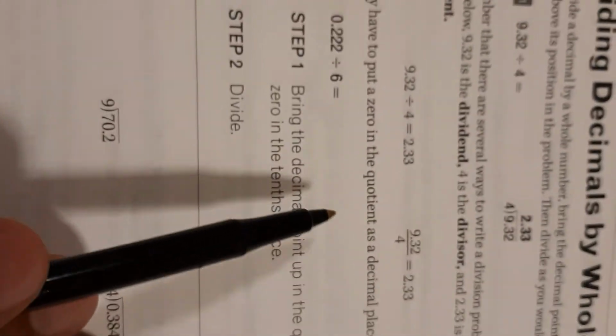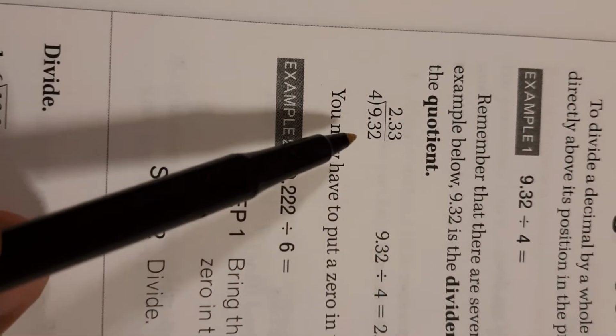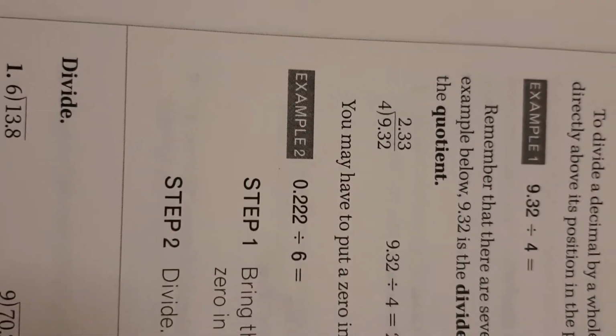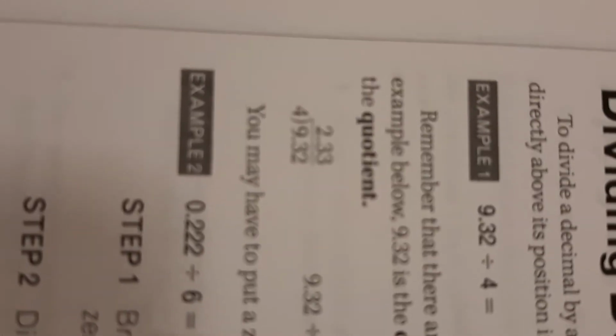Okay, so let's do the division for this problem here. We see the answer already, right? But let's go ahead and do the division for the problem. All this is on page 88, and it's example 1. So example 1 is 9 and 32 hundredths divided by 4. It's magic.